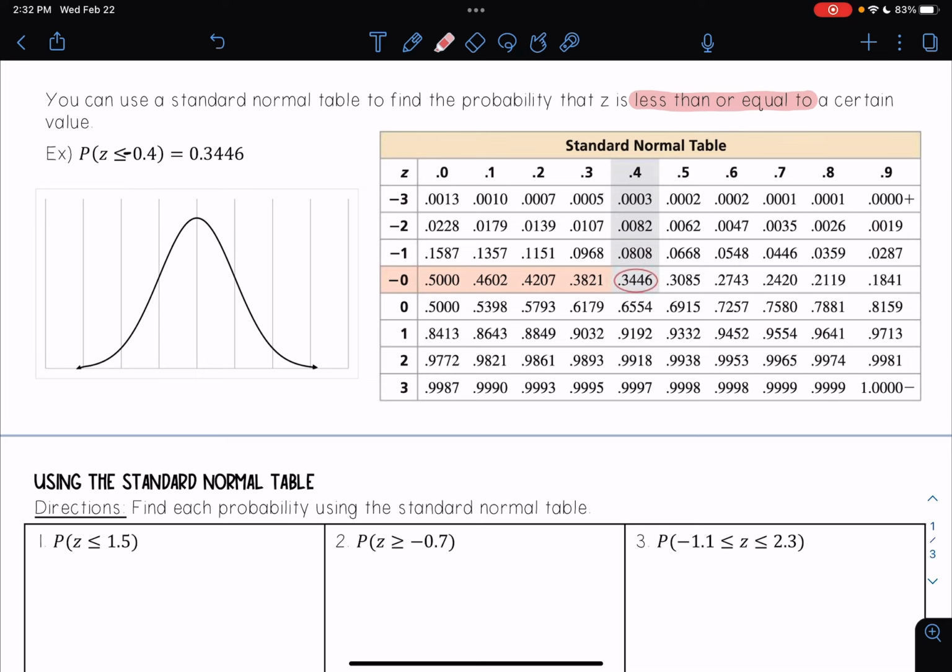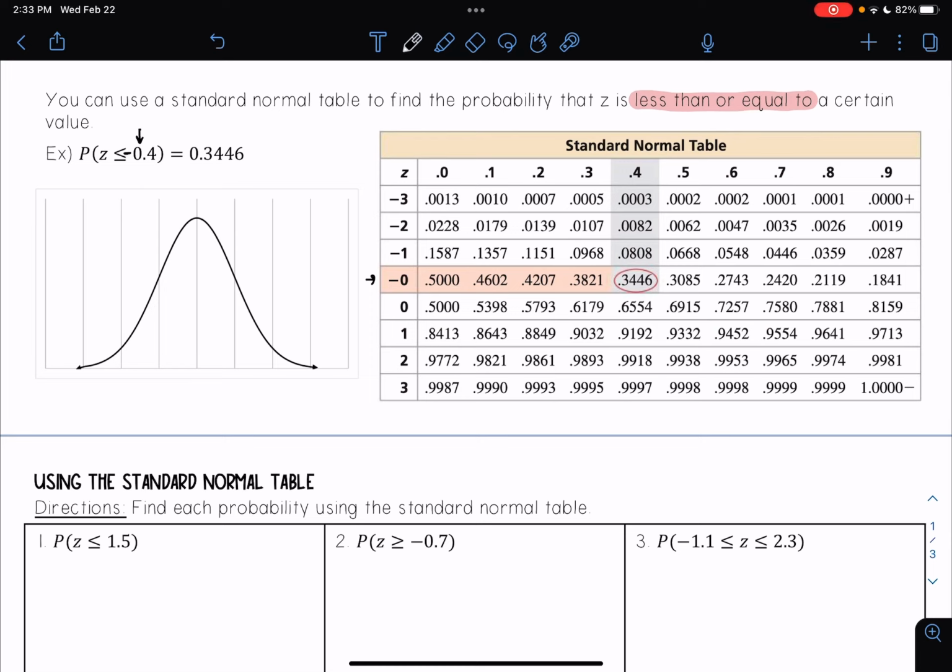So for example, just to see how this table works, let's say we want to find the probability that z is less than or equal to negative 0.4. On the left-hand column, I am going to find the number that's in front of the decimal. So here I see that's negative 0, and so I'm going to go to this highlighted column.